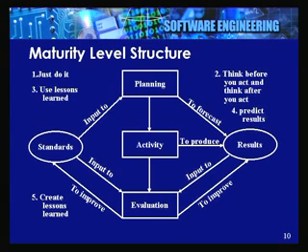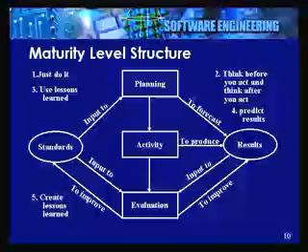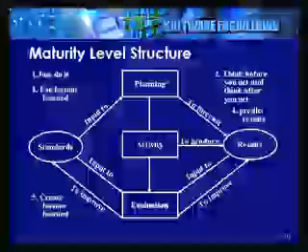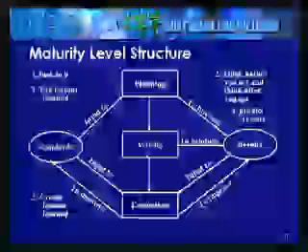Again, if you look at the slide, what do we do in level 3? In level 3, what we are trying to do is to have, where possible, organization wide standards. So we are basically using the lessons that we have learned.